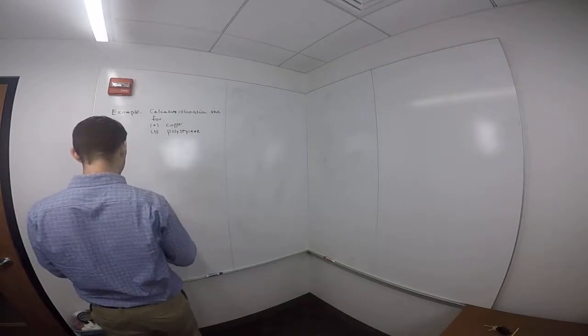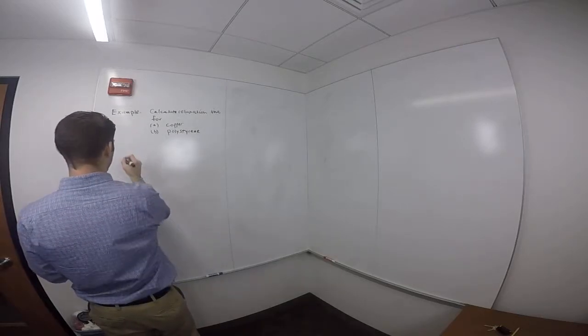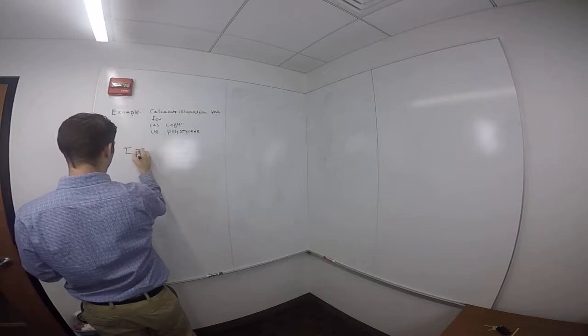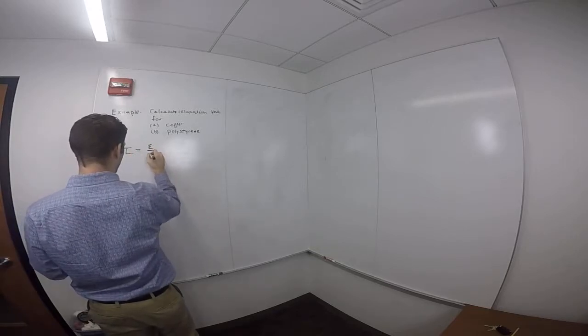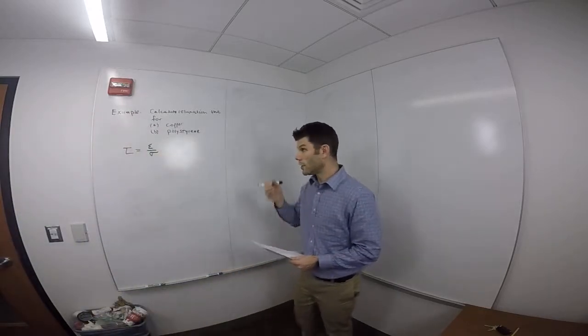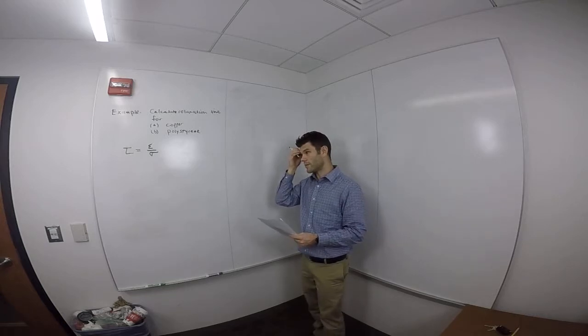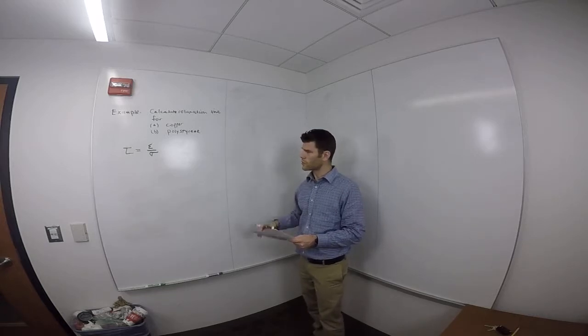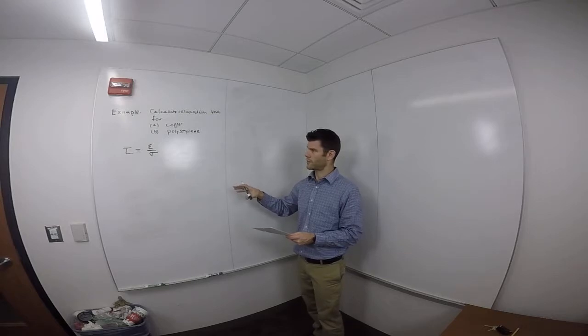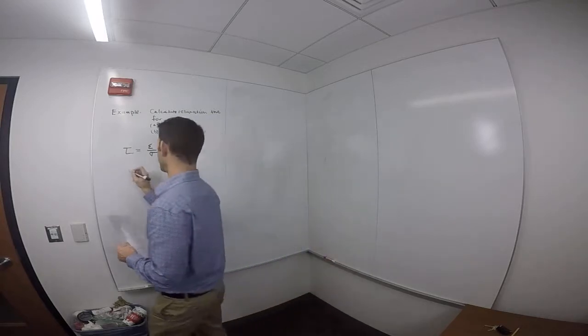So all we have to do here is basically calculate the relaxation time, tau, which is equal to epsilon divided by sigma, right? If you go into your textbook, it's in Appendix E, I believe, you'll find all the material properties. So for part A, let's go for copper.